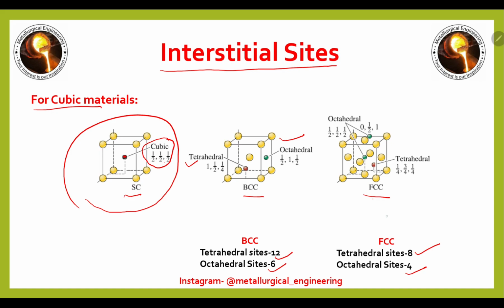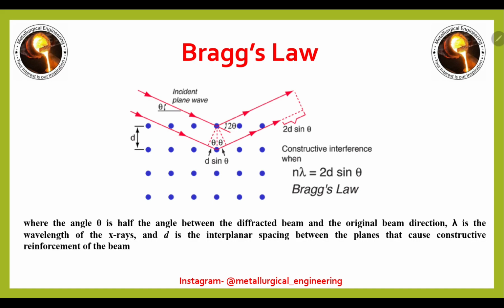So the number of tetrahedral sites is 2 times the number of octahedral sites. In hexagonal close packed material, the number of tetrahedral sites is 12 and the number of octahedral sites is 6.